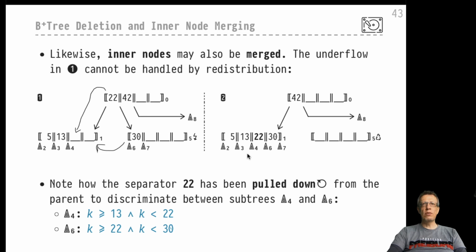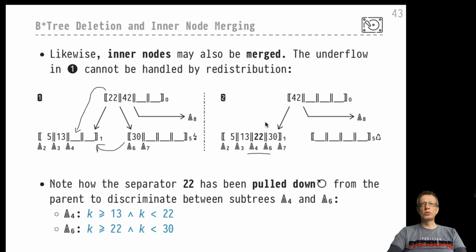Subtrees 4 and 6 in the new situation are part of the same inner node now. We need a separator that discerns the entries between the subtrees 4 and 6. And it's exactly the separator 22 that can perform its job. You see that it has been removed here and has been pulled down, so deleted recursively and pulled down into this inner node 1.